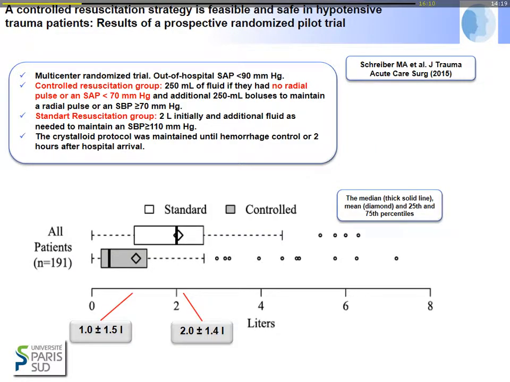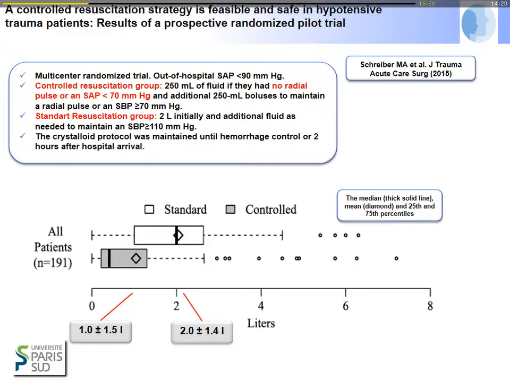Just to highlight this point, it's a pilot study where they try to apply a controlled resuscitation strategy, controlling the fluid that they give to patients.